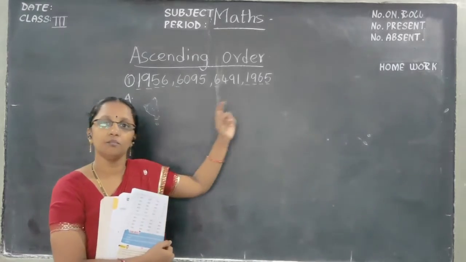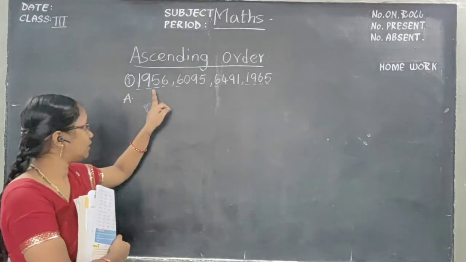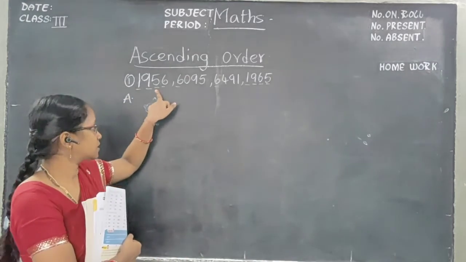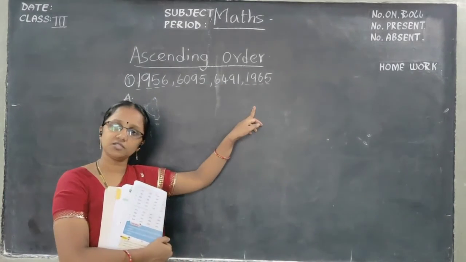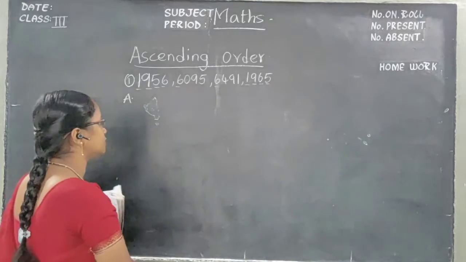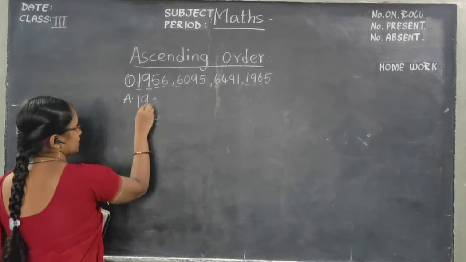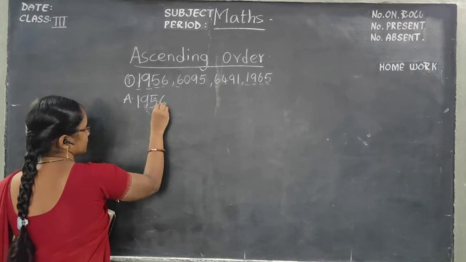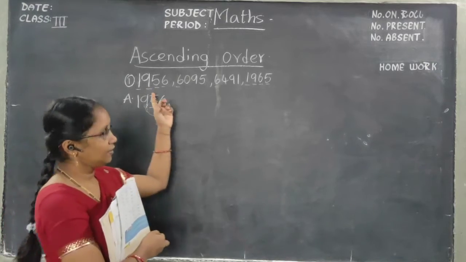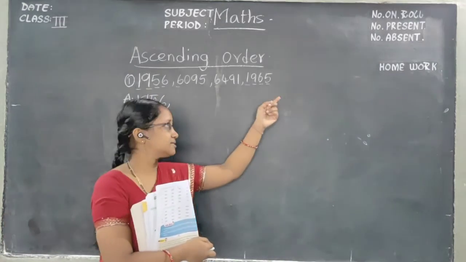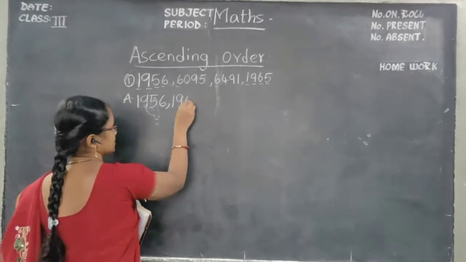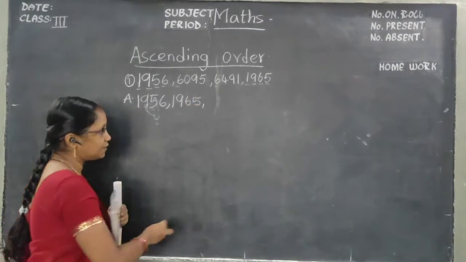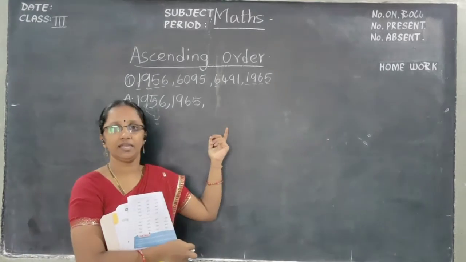But here both are same, so you have to see the tens number. Here 5 and here 6. So 5 is small, and that number you have to write first. 1956. After that, the number is 6, so this number we are going to write: 1965.